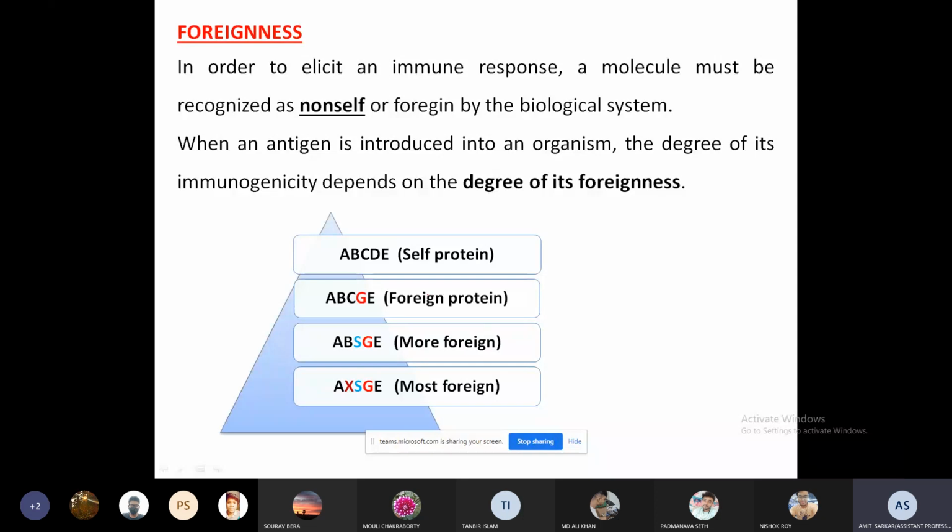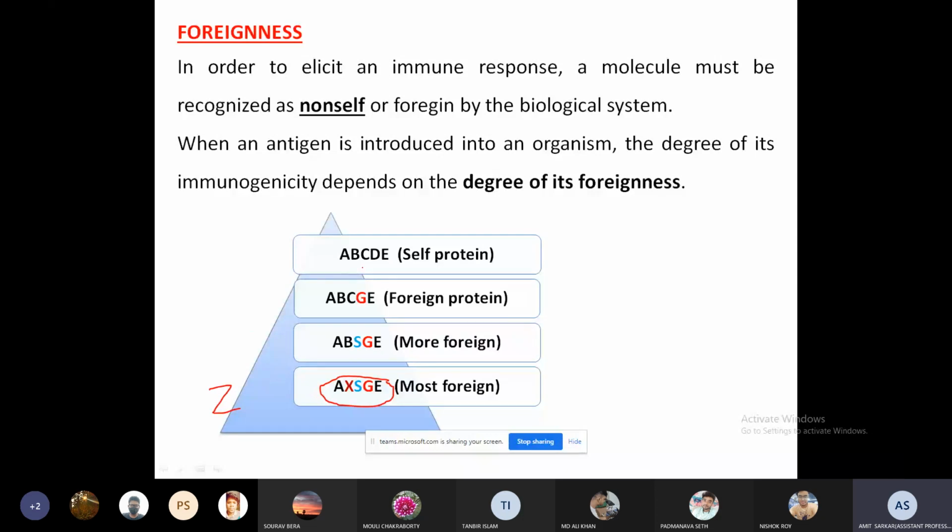So if somehow a microorganism can evolve in such a way that, say, this microorganism was very vulnerable. It knows that it has the AXSG combination, and if it enters the human body, it will be easily caught because it has a very big difference from the actual protein. So gradually they evolved, and I'm not going into the evolutionary details of how they evolved.